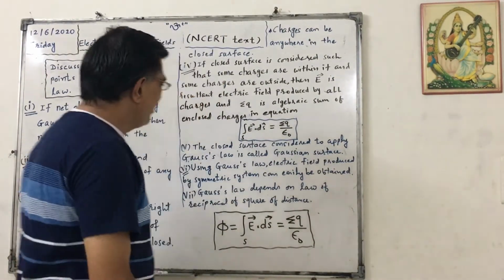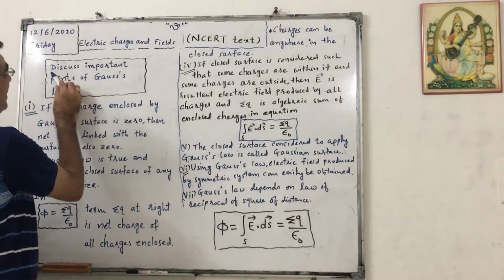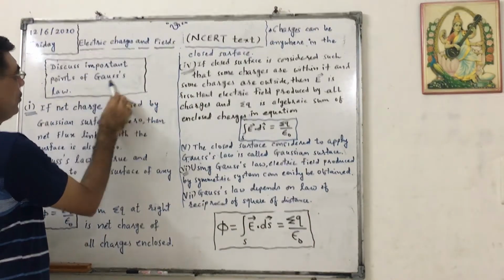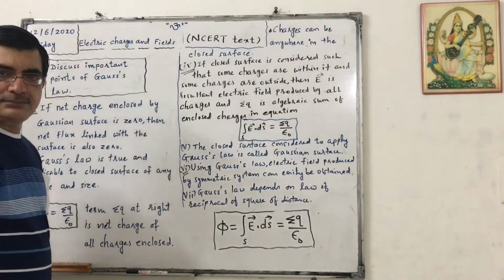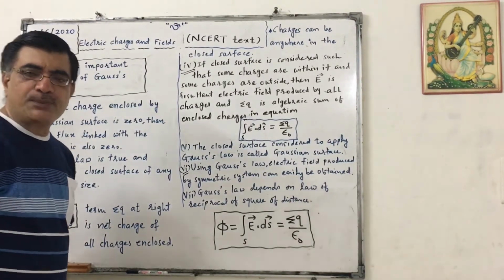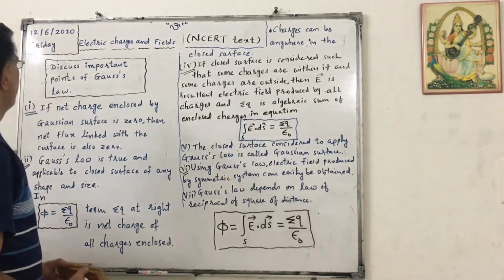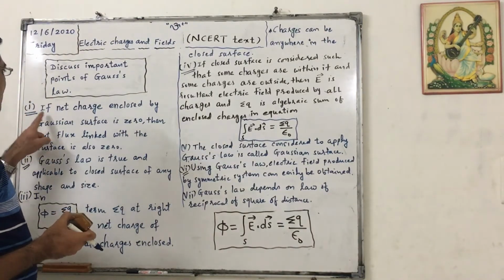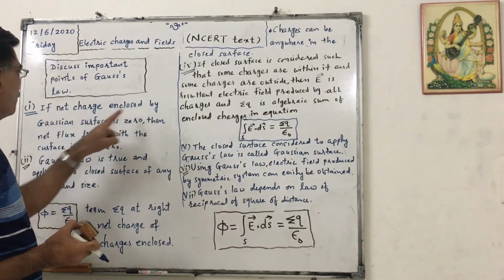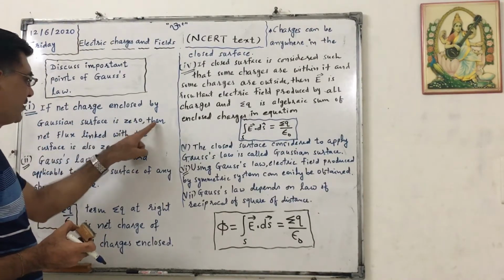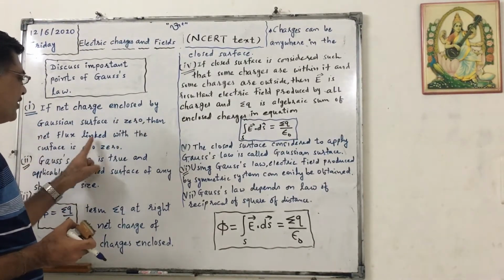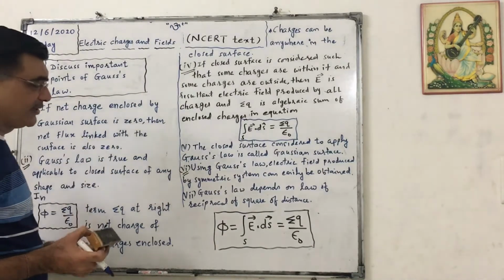Now our question is: discuss important points of Gauss's law. First, if the net charge enclosed by a Gaussian surface is 0, then the net flux linked with the surface is also 0.